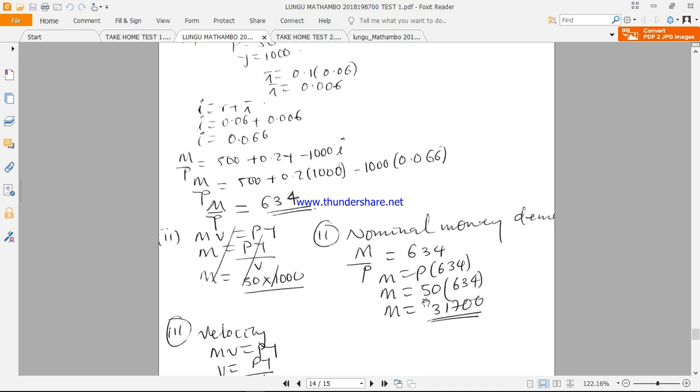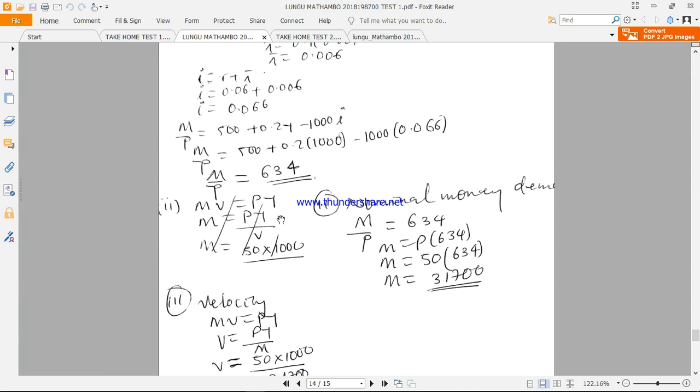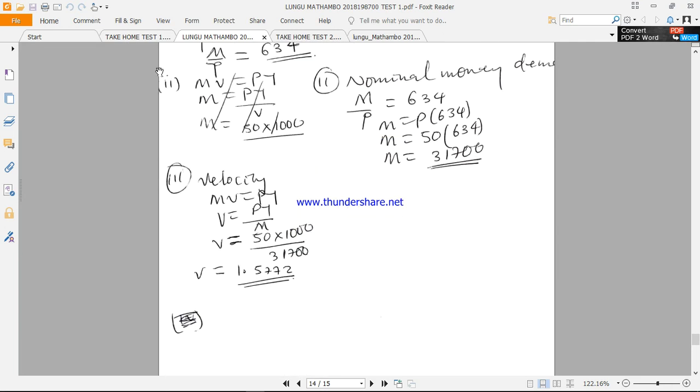So it's more like someone is getting a salary of 31,700 kwacha, but in actual sense, this guy is just getting 634 because he can only purchase goods worth 634 out of his salary of 31,700 kwacha. And this is the reason why economists pay attention to real variables rather than nominal variables. All right.